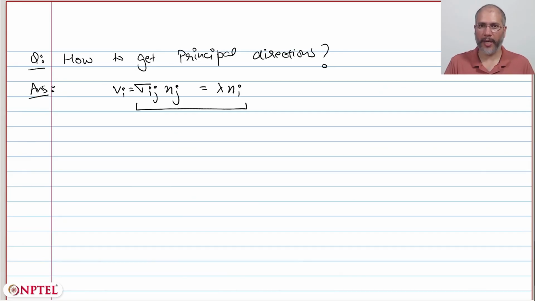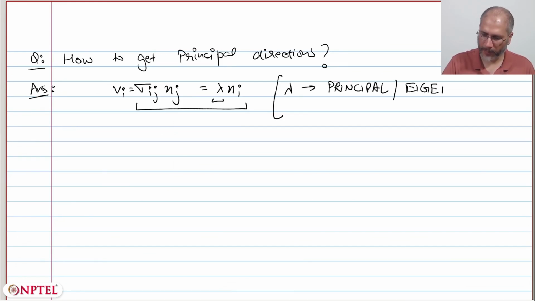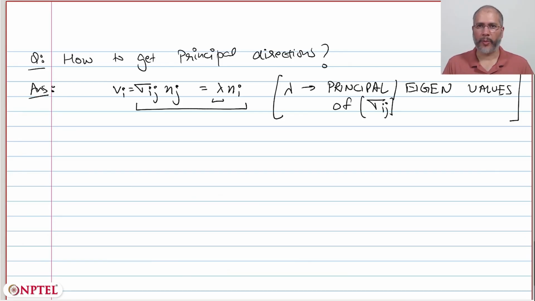But along with n hats, we also have a lambda here. In fact, this lambda also has a special name. It is called the principal value or eigenvalue of sigma ij. So in this situation, lambdas are principal values of sigma ij and n hats are principal directions of sigma ij.